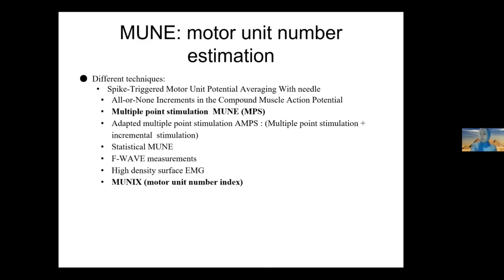Now, there are different ways to count them, but the most commonly used are multiple point stimulation and the MUNIX, the motor unit number index. The MUNIX, of course, needs some very dedicated software. Why is it important to know the motor unit number estimation? As I said for the neurophysiology index, for objective follow-up, especially in research.